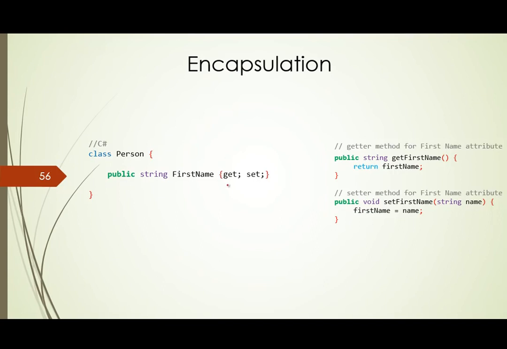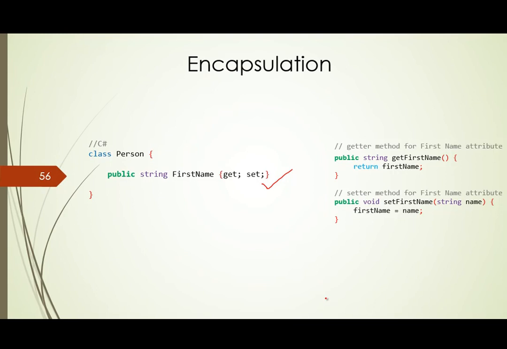The get and set implicitly means that we have a method named getFirstName, which is really returning the first name, and the set here is really going to set the first name from the name string that passed in the parameter. So simple getter setters are implemented just like one line in C#. That's really very elegant, I think.